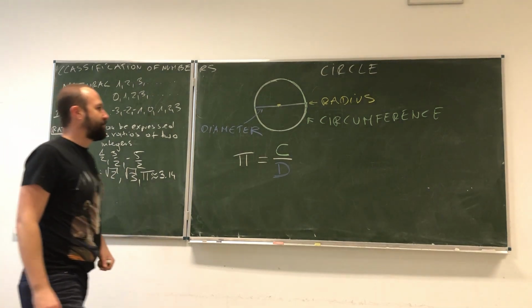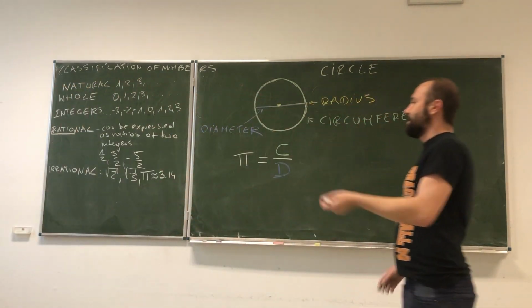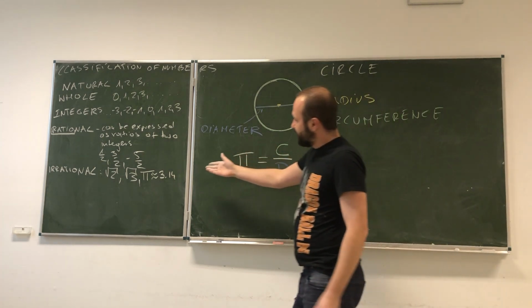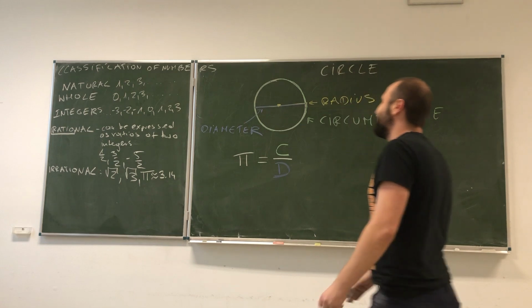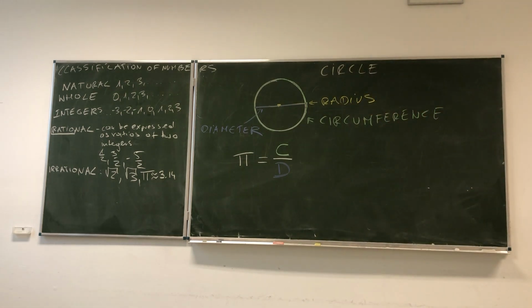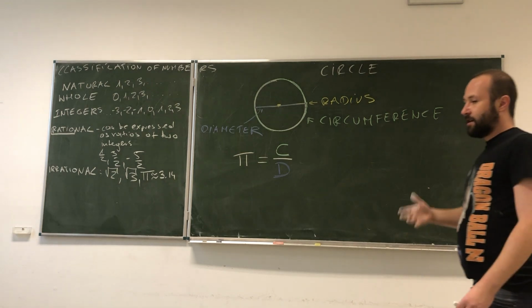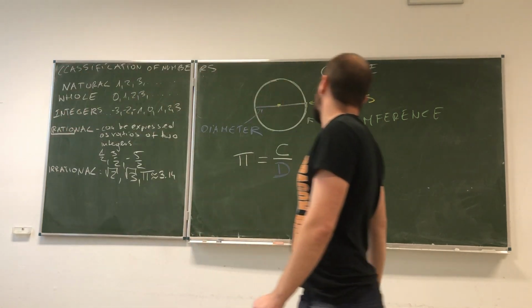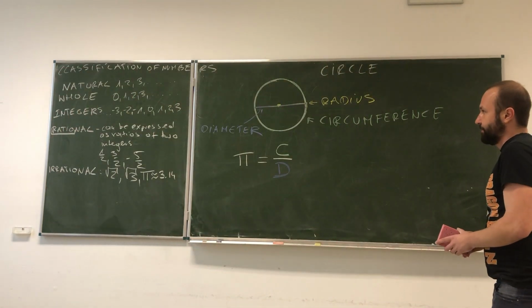So approximately 3.14, but of course this number cannot be expressed as a ratio, so it goes until infinity. But this is its meaning, and this is how we obtain it. And as you will see, we will use it also quite often in different economic applications.